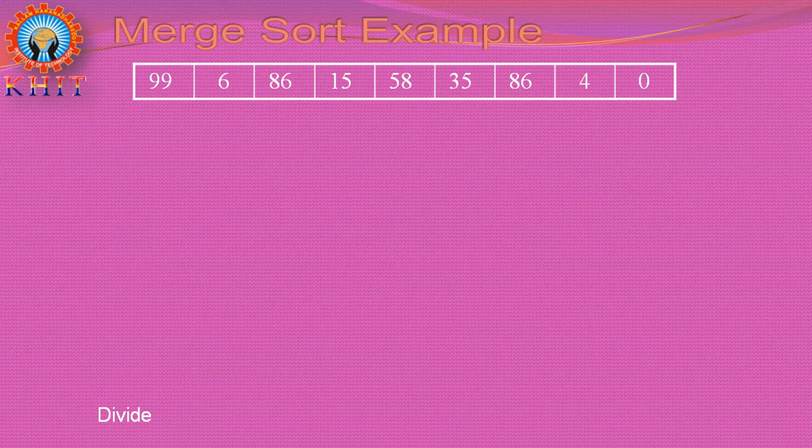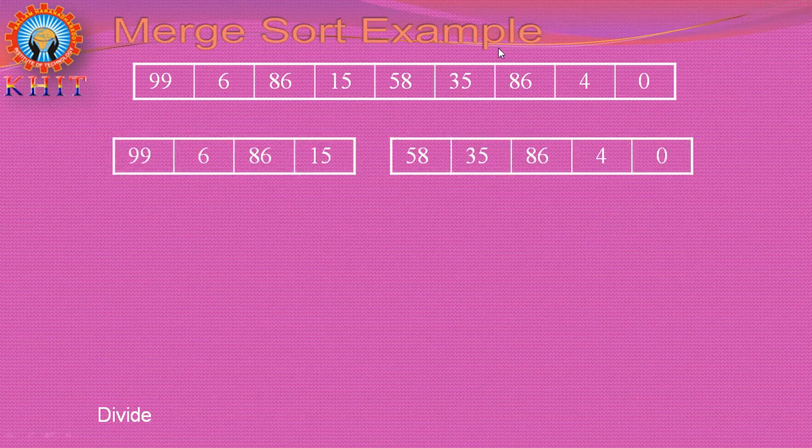Initially, we find the first element and the last element and find the mid element. Here, the given array is divided into two sub-arrays. This is the left side sub-array, and this is the right side sub-array.